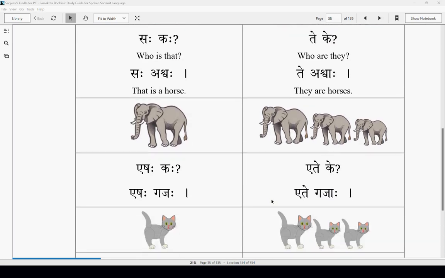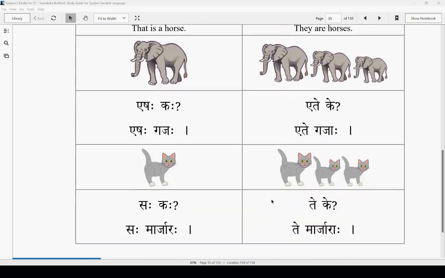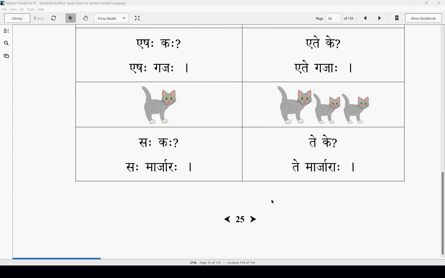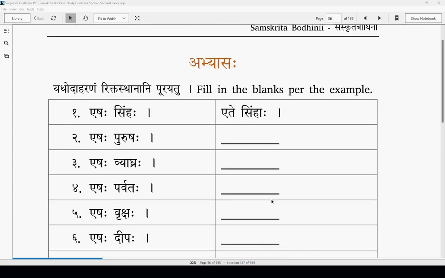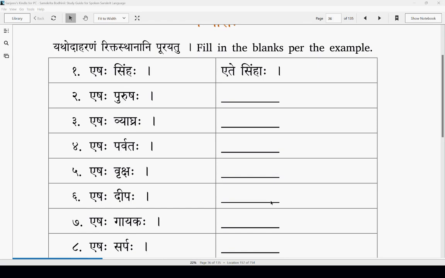एषः गजः, एते गजाः. सः कः, सः मार्जारः, ते के, ते मार्जाराः. Nothing difficult there. We have esha simha, ete simha. There are examples here, simple words seen previously.